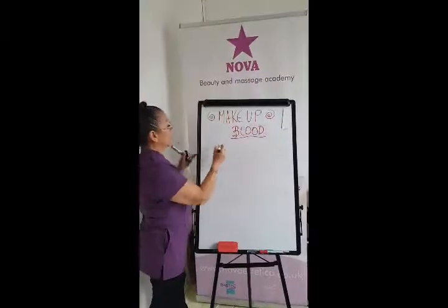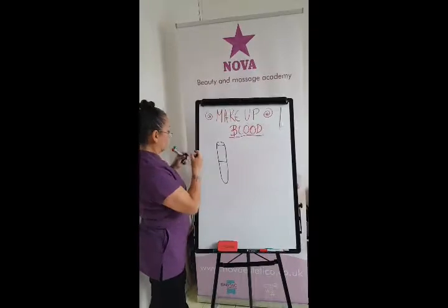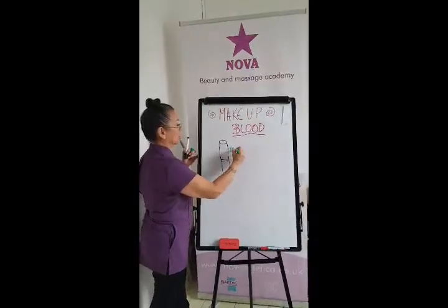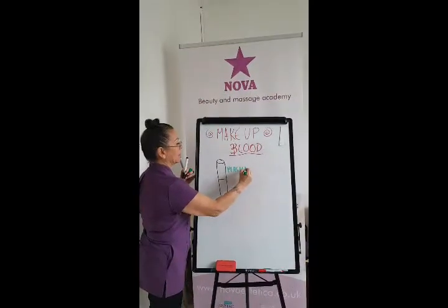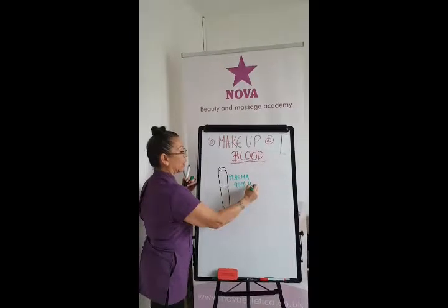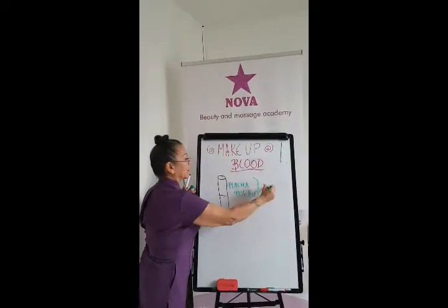We do have two different parts in the blood. One called plasma, which is made of 99% water, and nutrients.